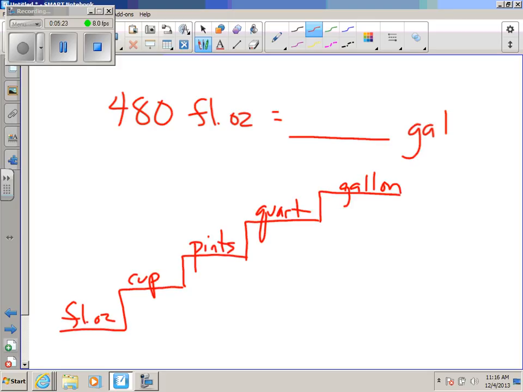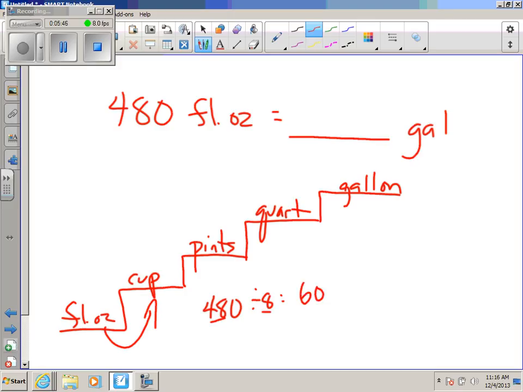We got to go all the way from the bottom to the top. So let's start with this 480 and get to the cups. How many fluid ounces are in a cup? 8. So let's divide this by 8. 48 divided by 8 is 6, with a 0.